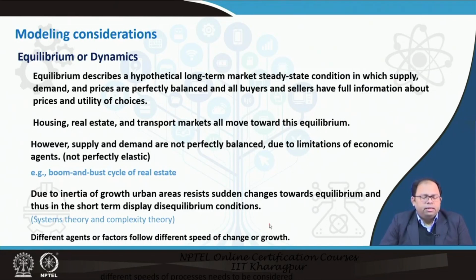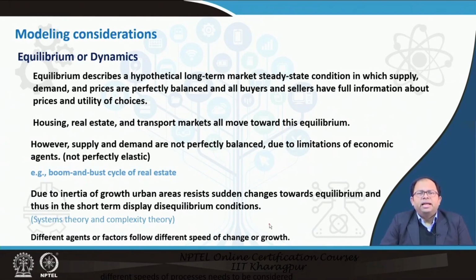The other thing is, due to the inertia of growth of urban areas, sudden changes towards equilibrium are also not possible, and in the short term supply disequilibrium conditions happen. This is also supported by systems theory and complexity theory, because there are so many small systems working in an urban area, each influencing another.